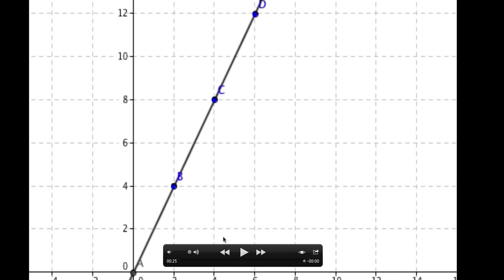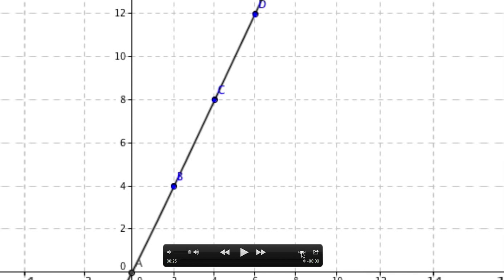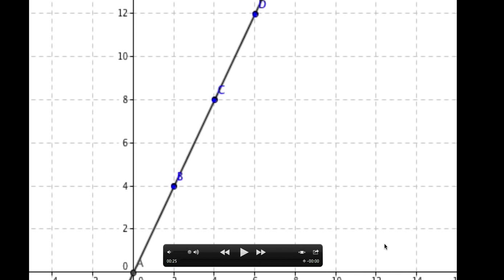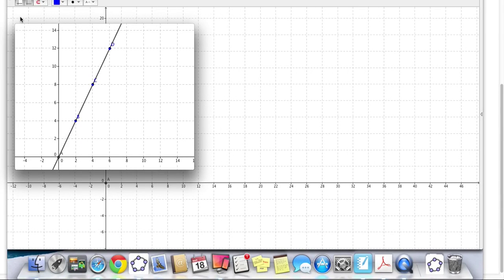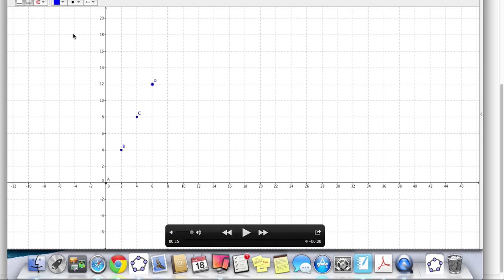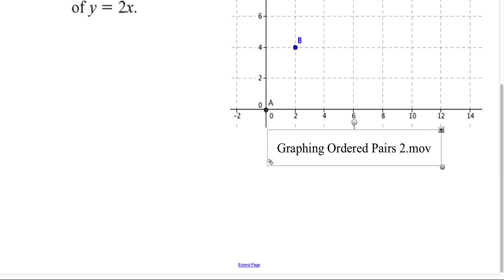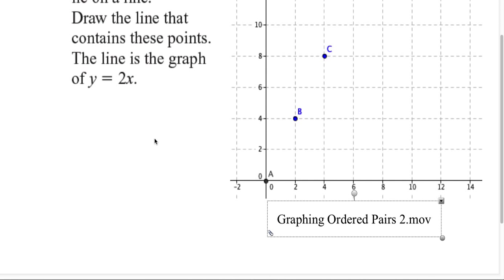And we have graphed our function. Make this smaller. Okay, so from there, let me close this now. We have graphed y equals 2x.